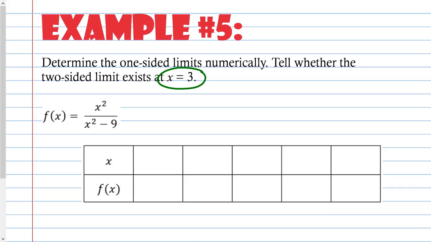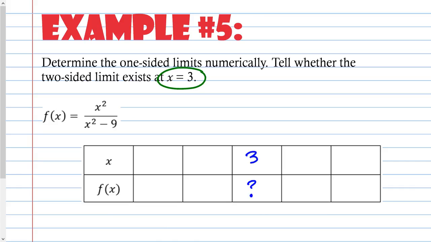So basically, you have to pick values close to 3 on both sides of 3. I'm just going to fill this one out a little differently, kind of like the one at the very beginning. Here's 3, and I don't know what my limit is, but I have to pick values slightly bigger and slightly smaller. Right?